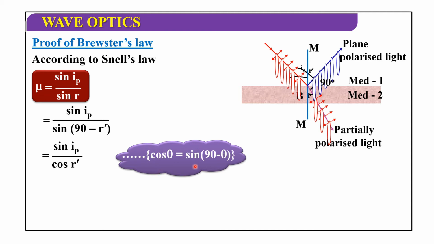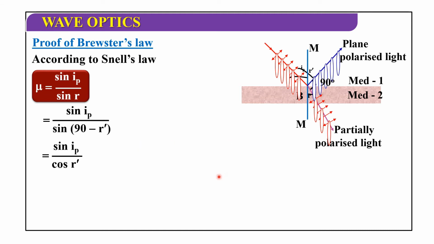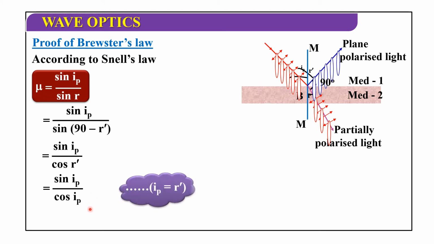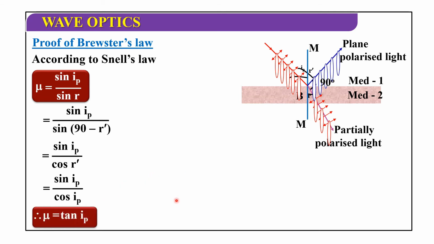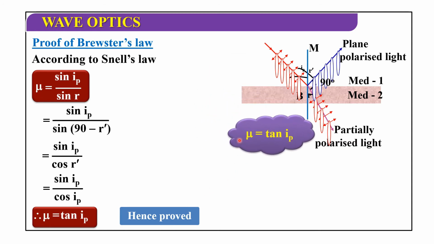In place of r dash we substitute iP, since iP is equal to r dash. So sin iP by cos iP, sin theta by cos theta is tan theta, so mu is equal to tan iP. Hence it is proved.